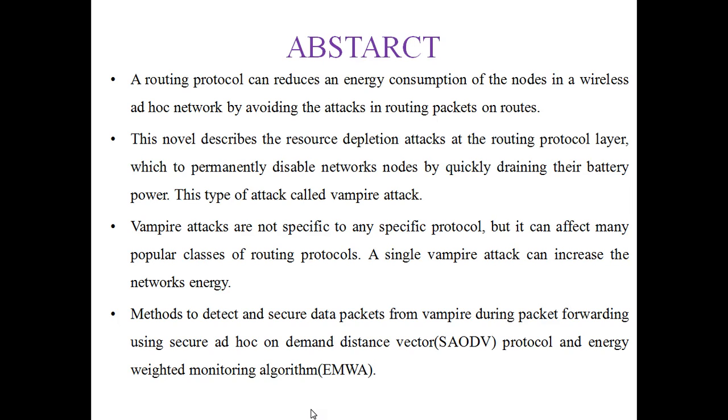The resource depletion attack at the routing protocol permanently disables the network by quickly reducing the nodes' battery power. This type of attack is called the vampire attack. Vampire attacks are not specific to any protocol, but can easily affect many popular classes of routing protocol. A single vampire attack can increase the network's energy usage. So, methods to detect and secure data packets from vampire attacks are discussed.